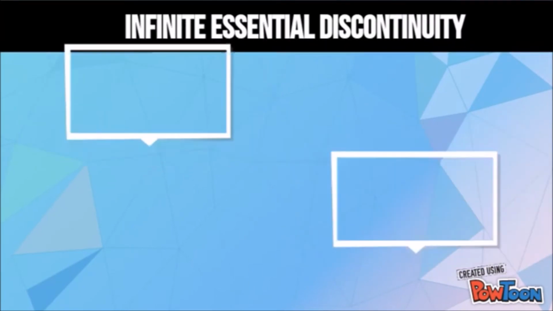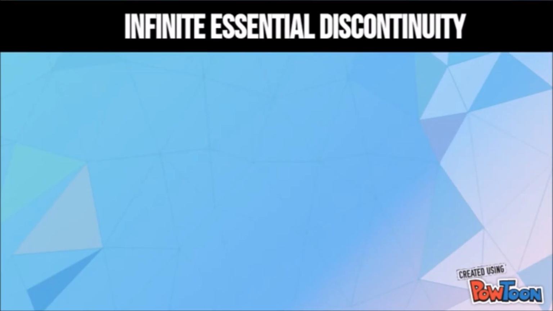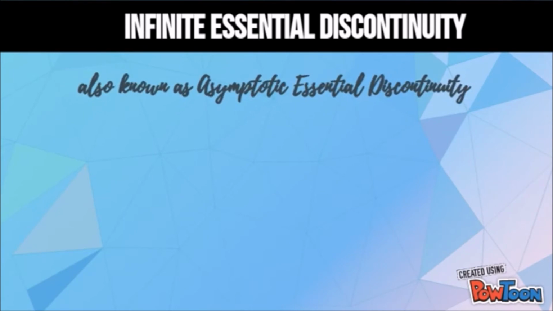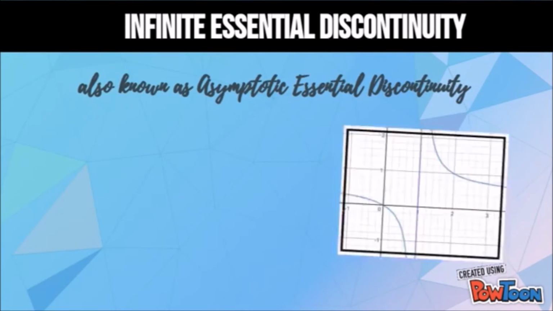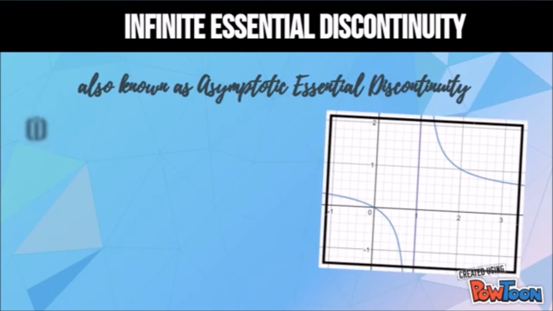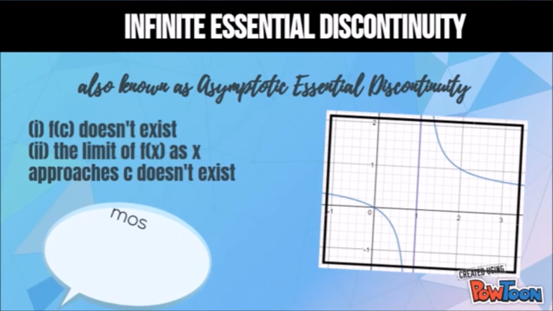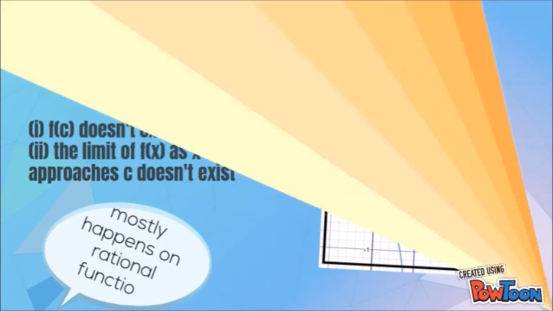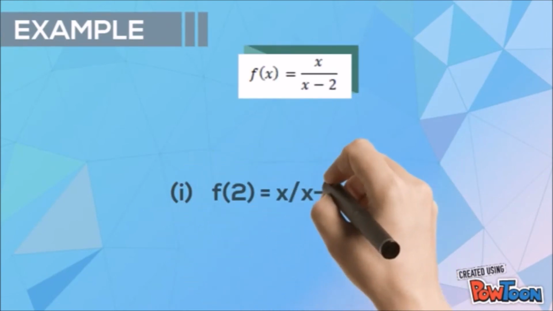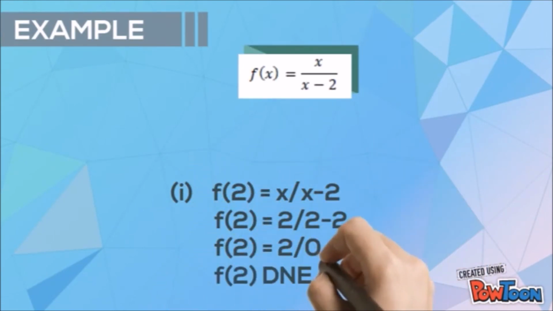Let us discuss now the last type of discontinuity: infinite essential discontinuity, also known as asymptotic essential discontinuity. There is a vertical asymptote. This type of discontinuity mostly happens on rational functions. We can stop right there and conclude that f is discontinuous at x equals 2.